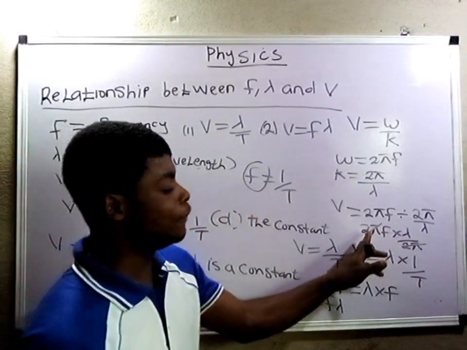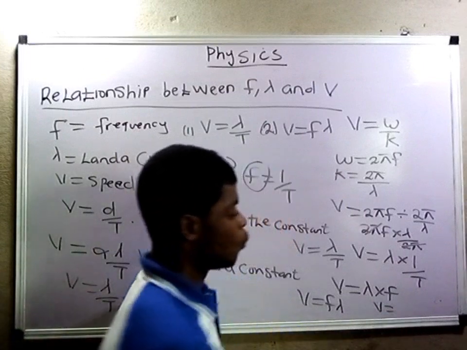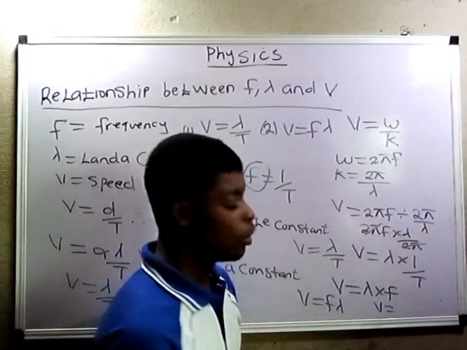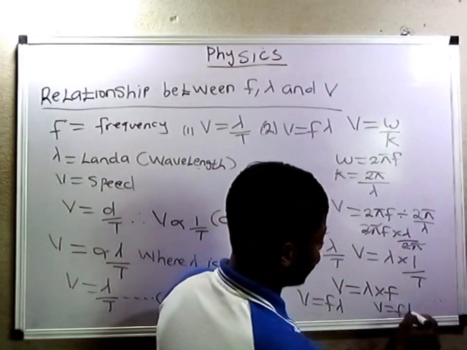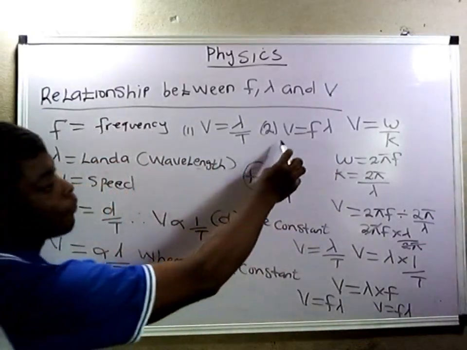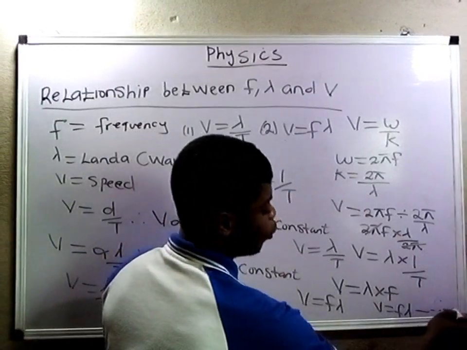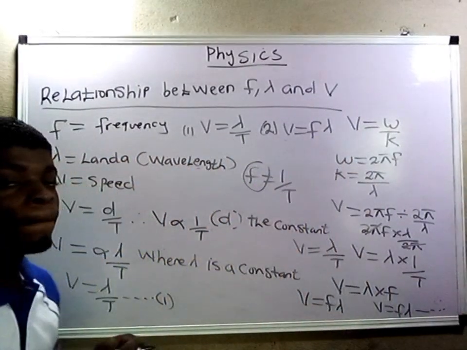So we can therefore say that V is now equal to frequency times lambda. This proves that what we got here is correct. So we got the same thing, and we are still correct on this aspect.